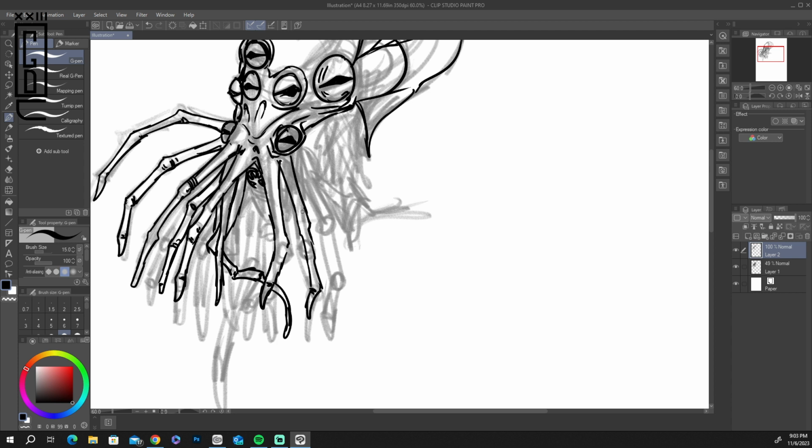Well, the tentacles don't have to be symmetric, because remember, this thing is not terrestrial, it's extraterrestrial.